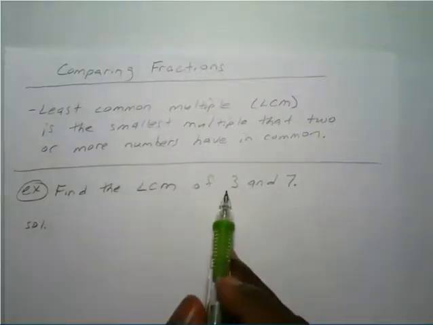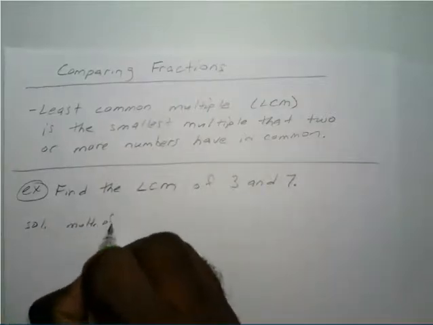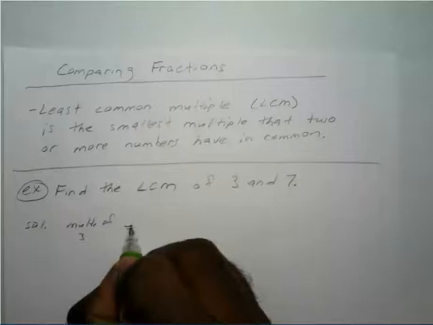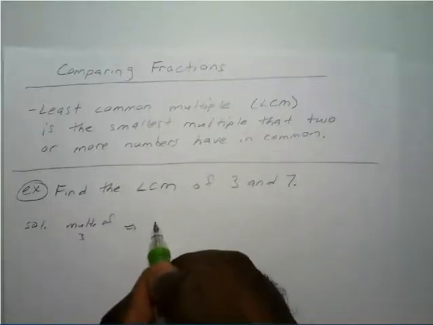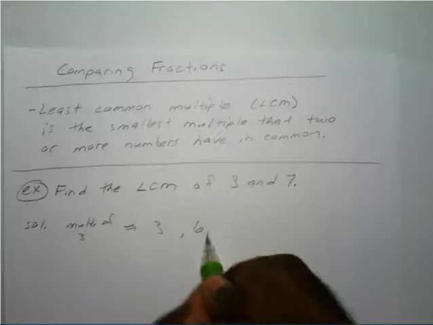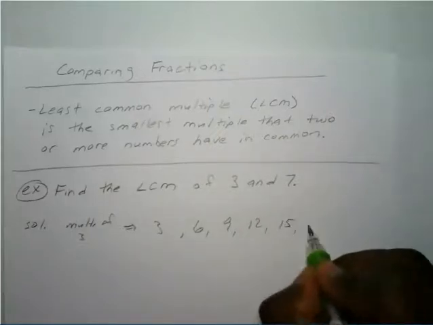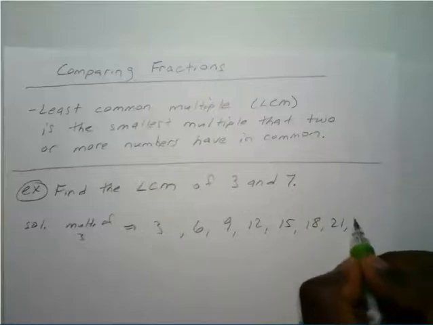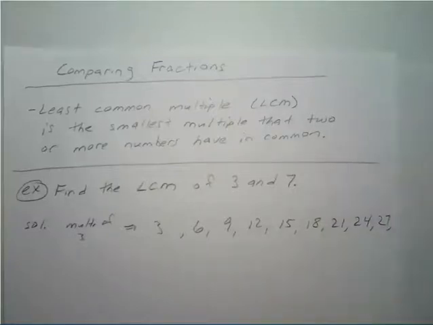Well, we start off by finding the multiples of 3. Okay, so we know the multiples of 3 are 3, 6, 9, 12, 15, 18, 21, 24, 27, and it keeps on going and going and going.